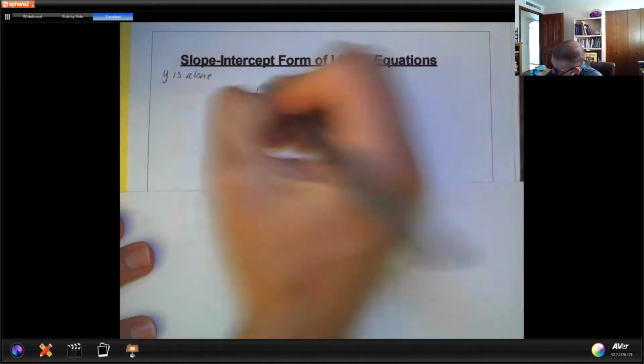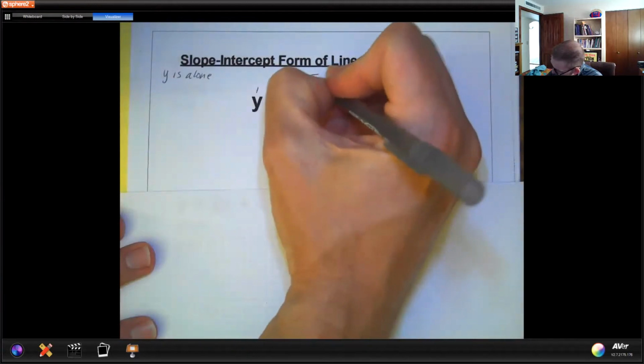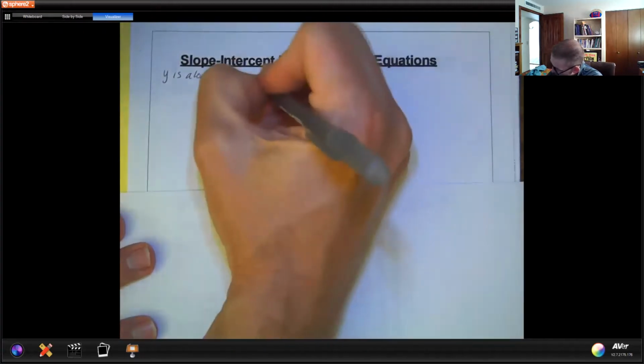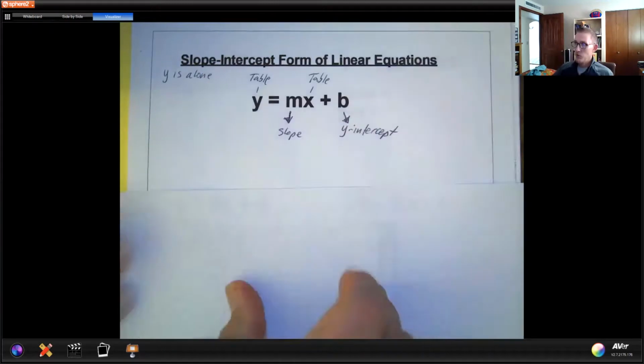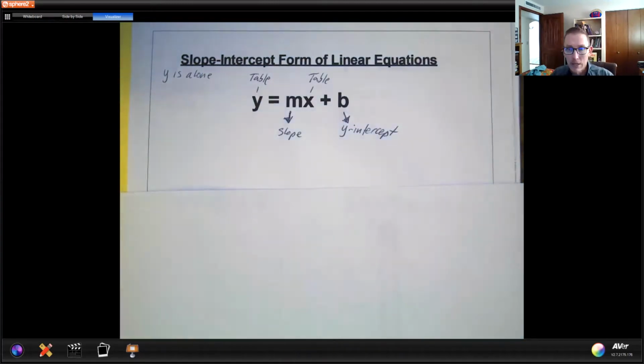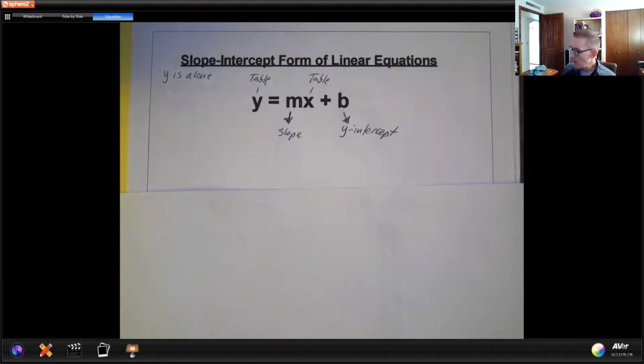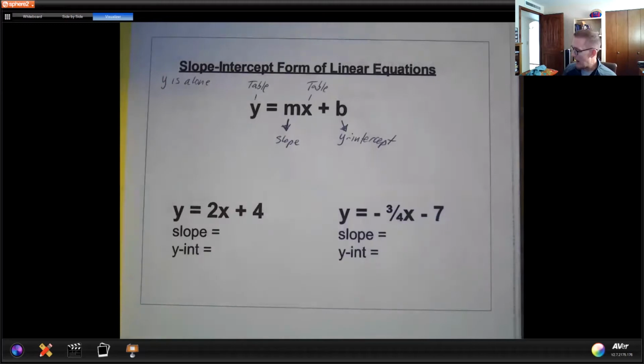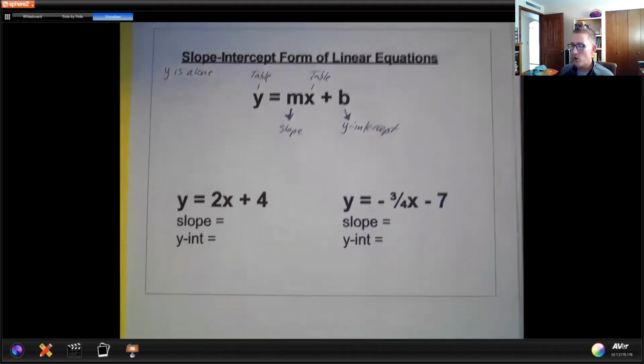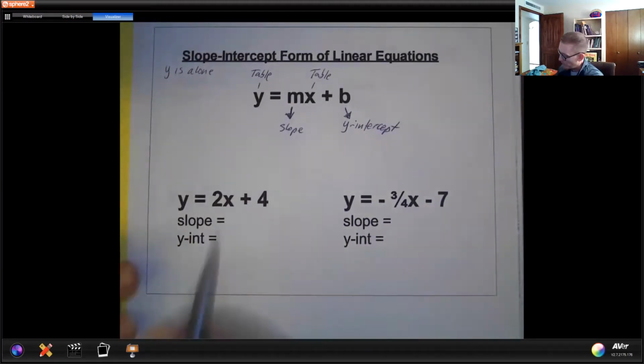Now, this x and this y, that would be what we would use in a table. So if you recall when we had to complete the table, that's your input and your output. Okay, so y is alone, and we have these two major clues in our equation. So let's take a look at what they will ask you. So here are two equations that are in mx plus b form.